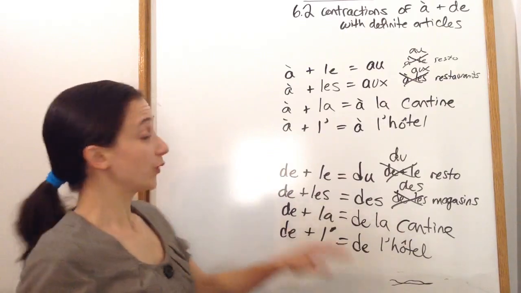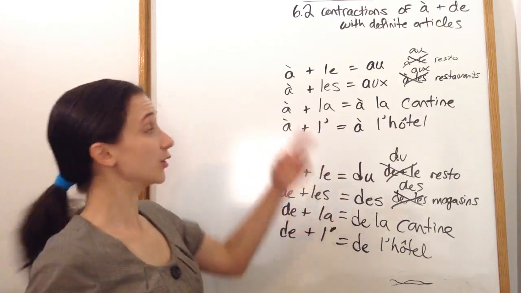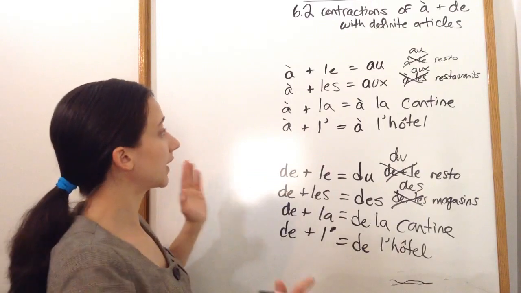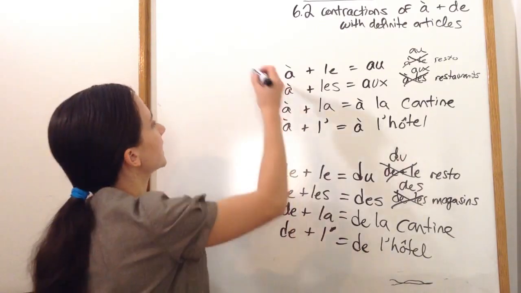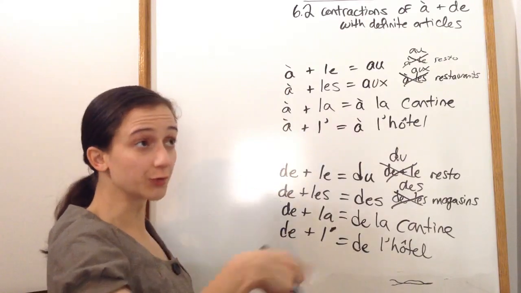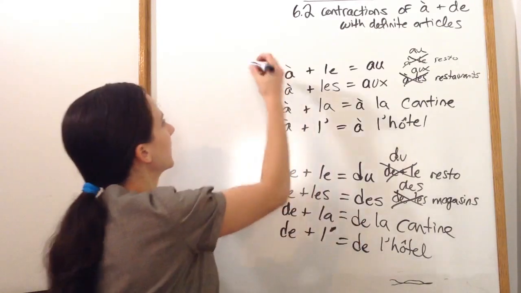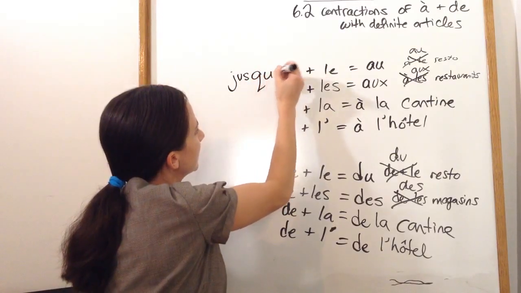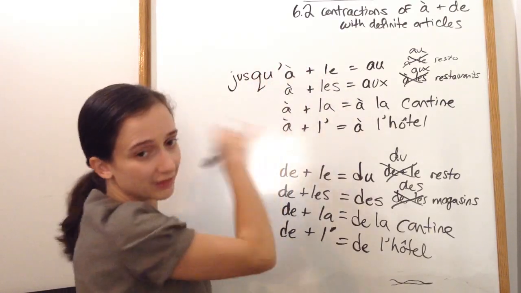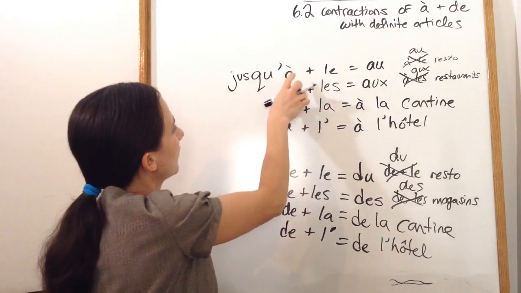Now, we do sometimes have whole phrases that use a and de. So some of our phrases, they work exactly the same way. So for instance, jusqu'à, like up until. Jusqu'à has an apostrophe and then it joins right into the A, would work the same way.